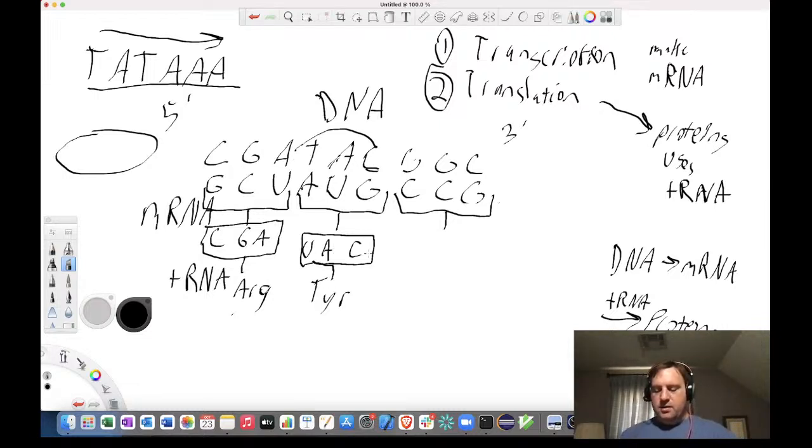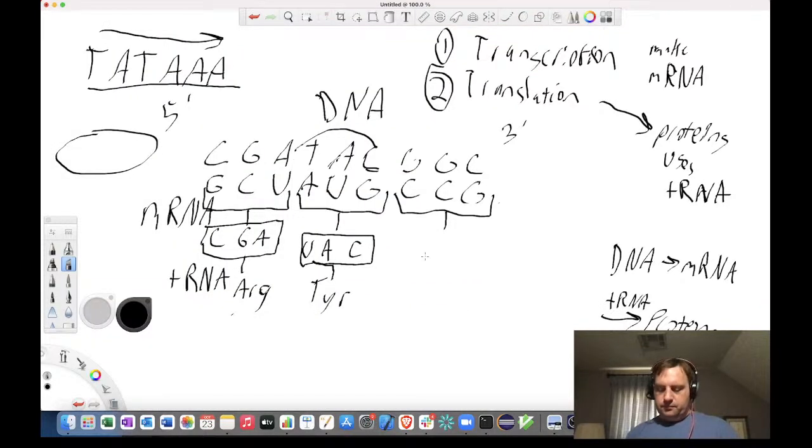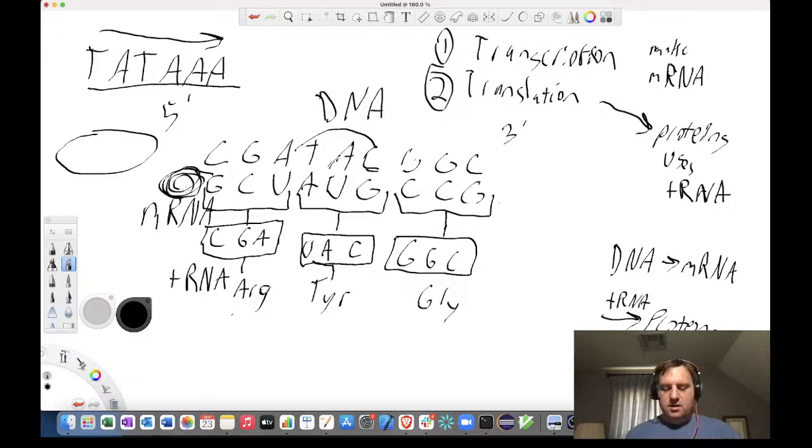And then this one, GGC. So G, G, C, so that's glycine. Okay. So that's going to be G, G, C. And so you can see that the mRNA, which is this one, pairs with the DNA in a complementary way to produce the mRNA strand.